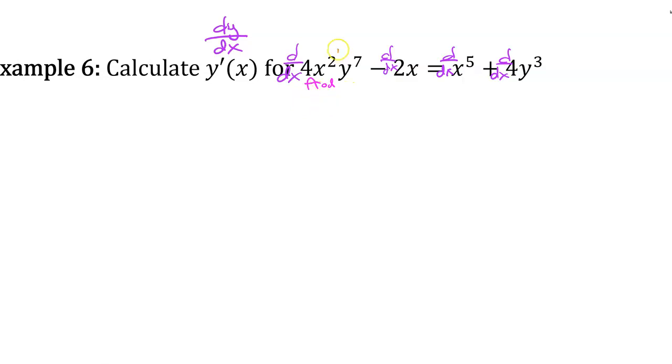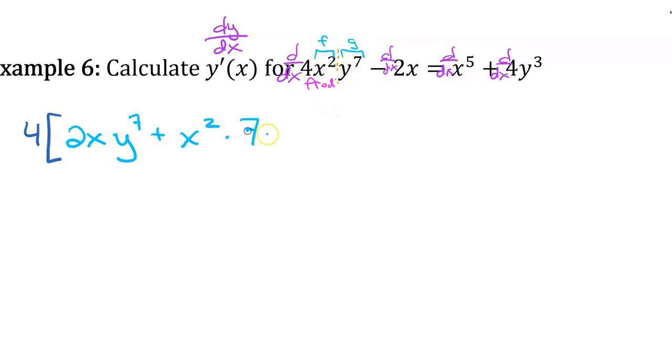If I split it down the middle and I push that 4 out front, well, if this bit here is f and this bit here is g, then f prime will be 2x times g, which is y to the 7th, plus f times g prime. g prime would be the power rule, 7y to the 6th, and then we have dy/dx, because it is implicit differentiation. And all of that is for our first term.